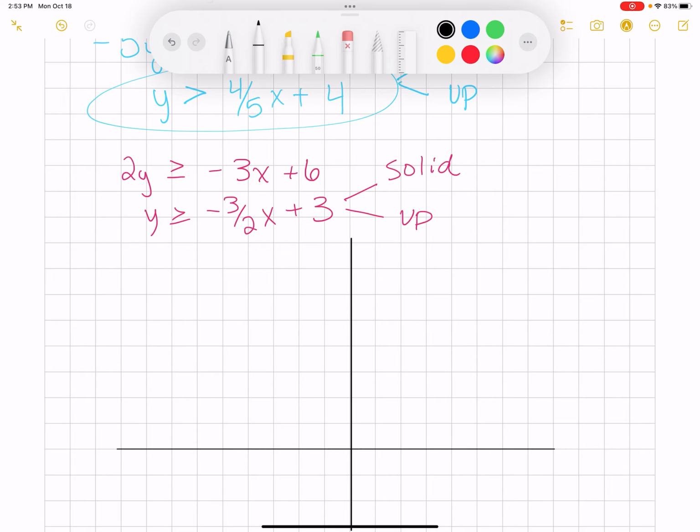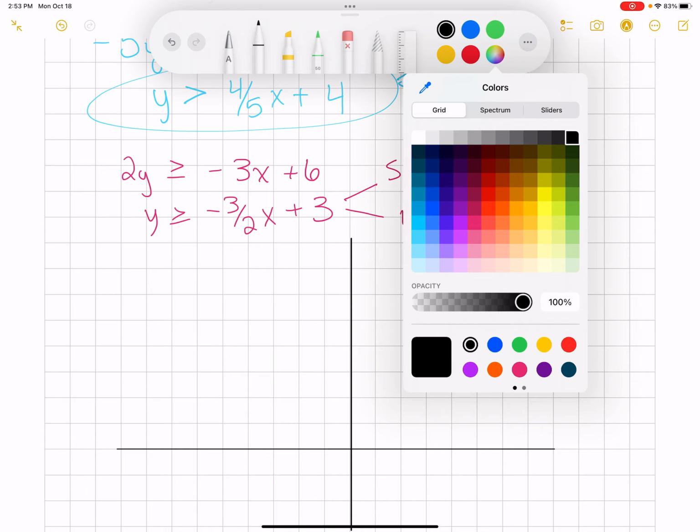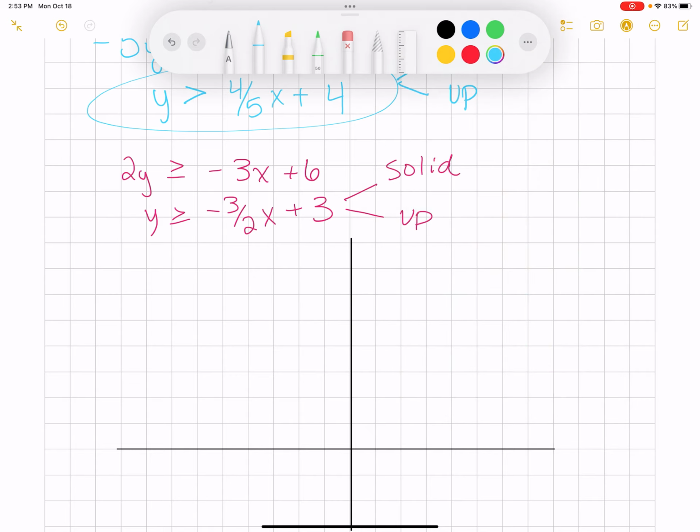All right, so I'm going to go back to my Carolina blue color. I'm graphing that top line. So I've got a y-intercept of 4 and a slope of 4/5. So I'm going to go up 4 over 5, and I can go down 4 and back 5.